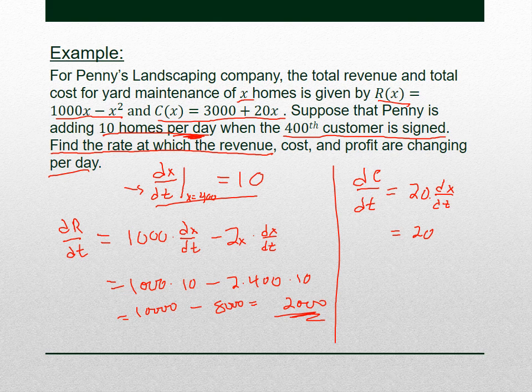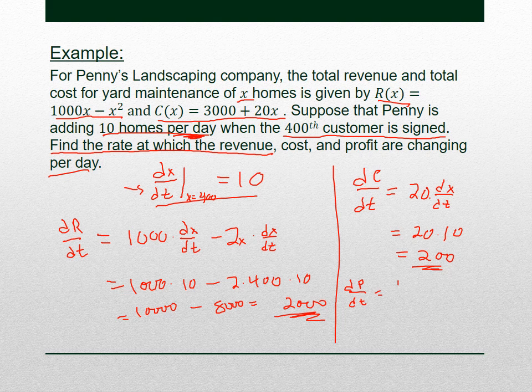So on the left side, the derivative of C with respect to t is just dC/dt. 3,000, you take the derivative, it goes away. 20x, you take the derivative, and you get 20 times dx/dt. So then plugging in 400 for x, well, that would be 20 times dx/dt, which is 10 when x is 400. So that's 200. All right, so there's our answer there.